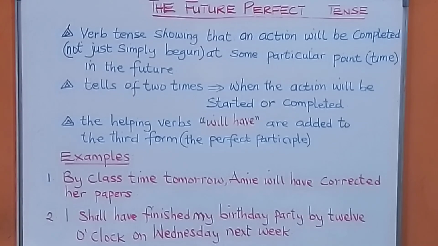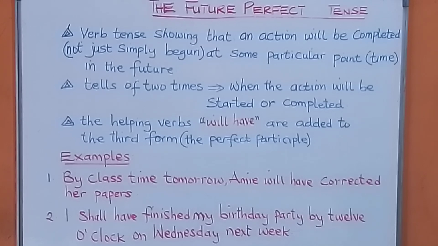So that is the future perfect tense. Future perfect tense is an action that will be completed, not just begun, at a particular point in time in the future. It takes up two times: when an action will begin and when it will be completed, all in the future. The helping verbs will have are added to the third form, the past participle.